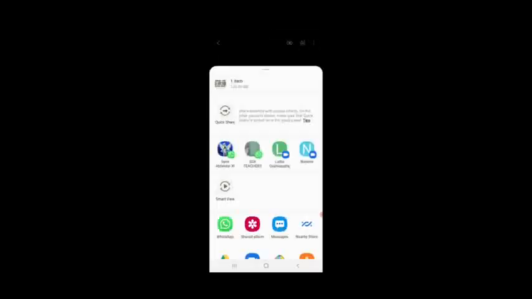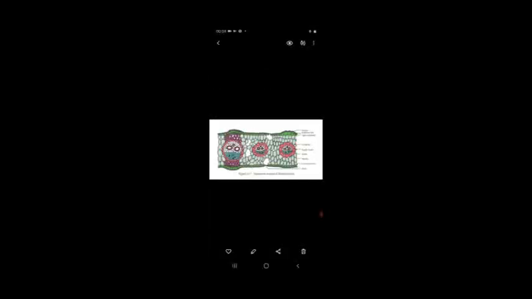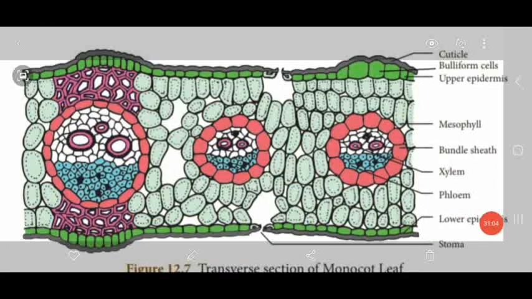Inside the vascular bundle, they have xylem and phloem. The xylem is facing the upper epidermis and the phloem is facing the lower epidermis. So this is said to be the internal structure of monocot leaf.